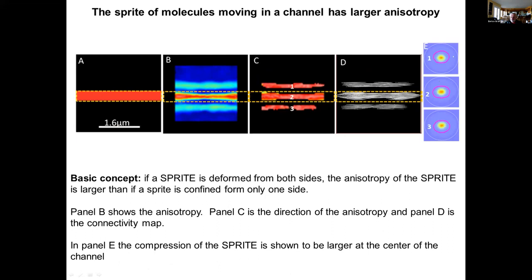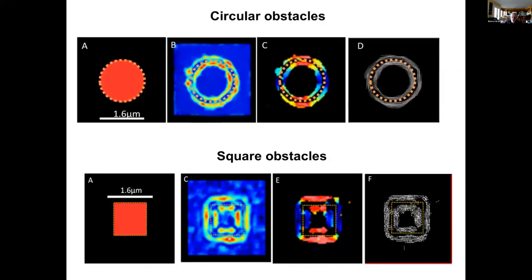And so the correlation function on one side will be deformed in that part. If we are in the center, it will be deformed in both parts. If we are on the other side, it will be deformed on the other side. So we can see in every case where the deformation occurs. The deformation gives us directly the position of the barrier.